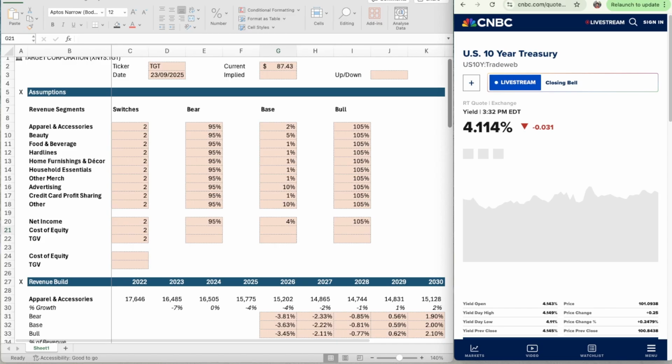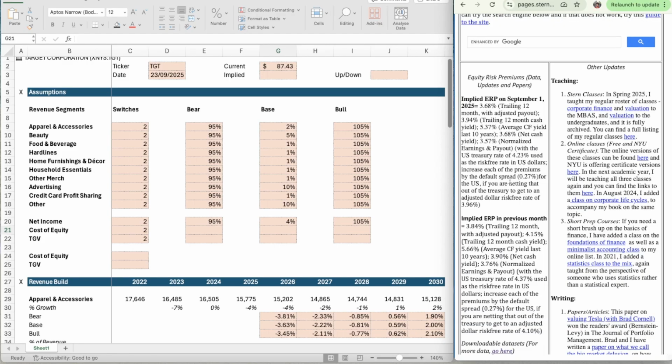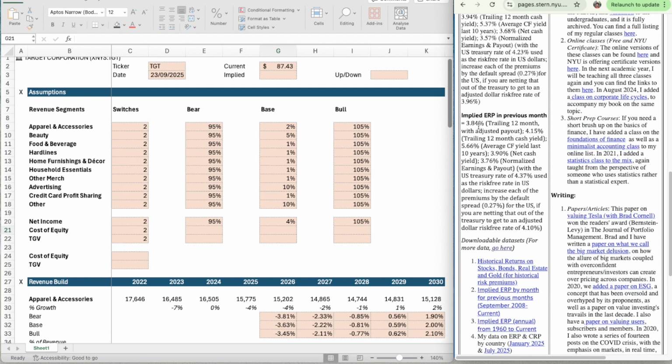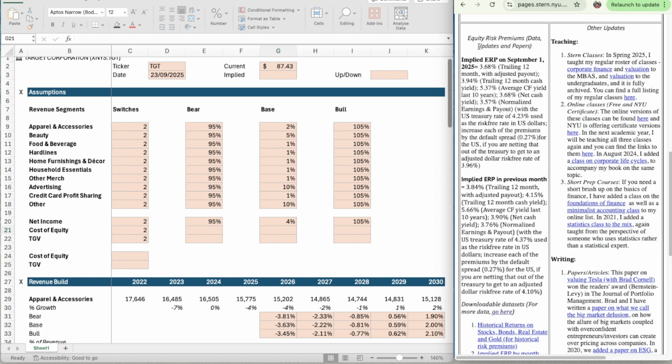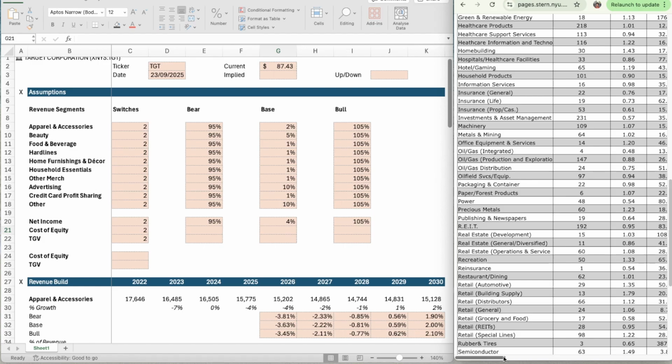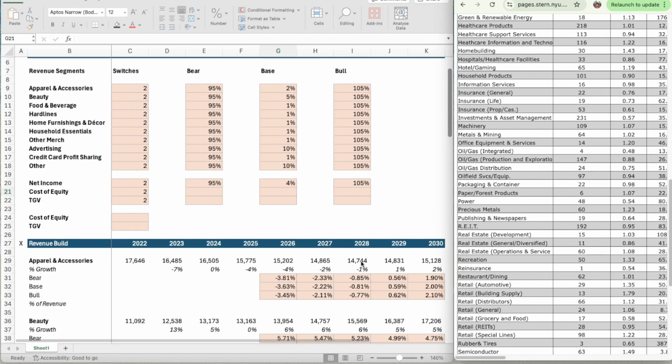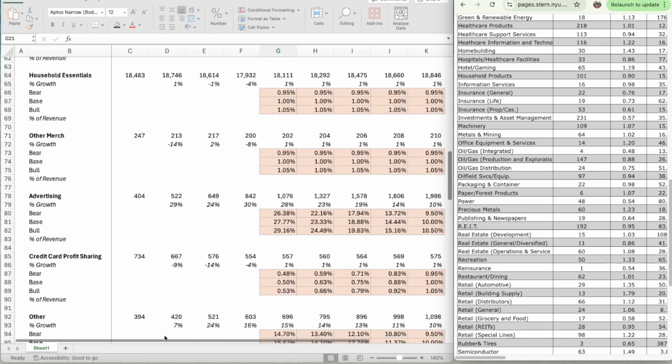Okay, and we have our, has it been updated? Okay, and I think the beta is, we'll go retail general 0.99. Okay, yeah, let's do that.